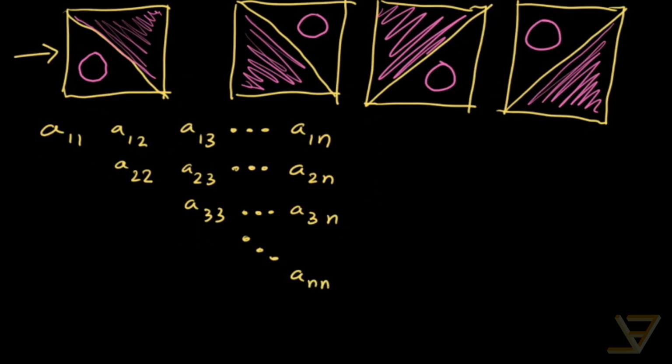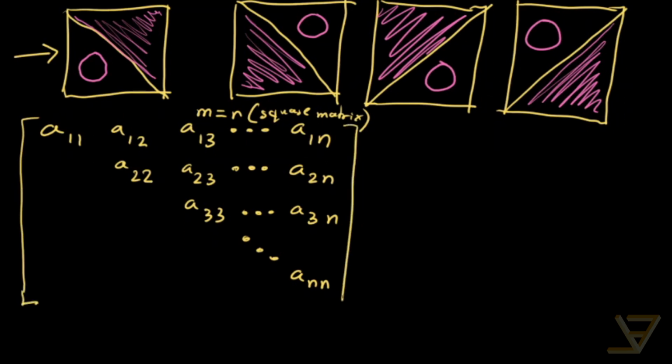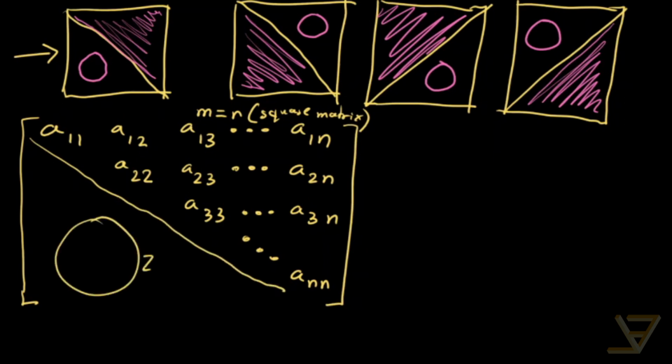And notice that here m equals n because it's a square matrix. So we have a matrix like this, and in the bottom left, these are all zeros.